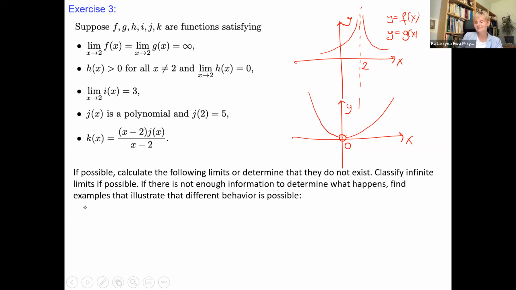Okay, and now, if possible, calculate the following limits or determine that they do not exist. Classify infinite limits if possible, positive or negative infinity, like we did in the previous problem. If there is not enough information to determine what happens, find an example that illustrates the different behavior. If possible, it's supposed to be if possible.